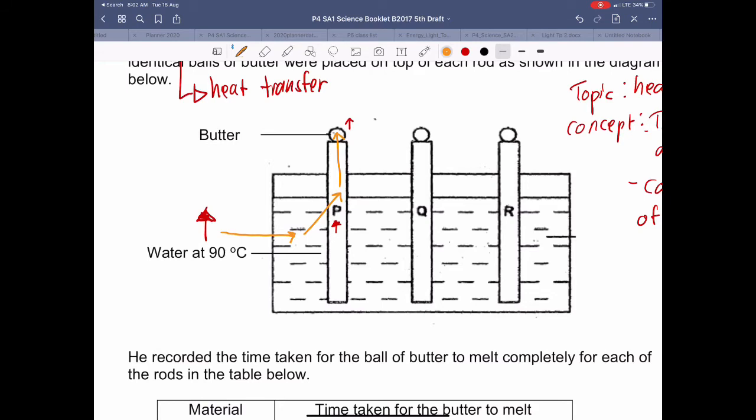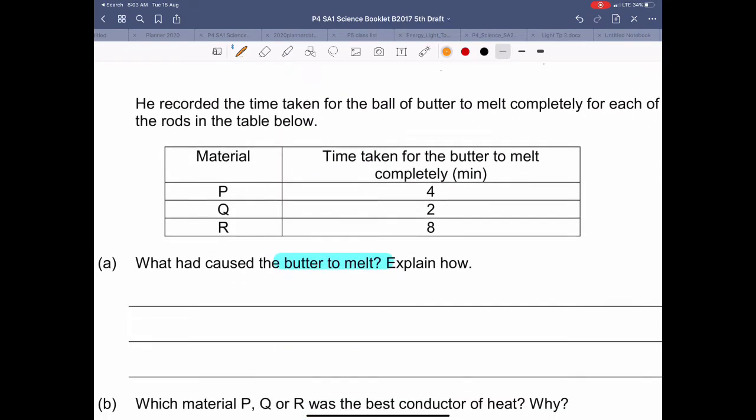So heat will travel from water to your rod P. But then when I compare rod P and the butter, rod P has a higher temperature because it has gained heat from the water, and then heat will be lost to the butter. So once again, remember, whenever you're talking about heat transfer, you always use the term heat loss and heat gain.